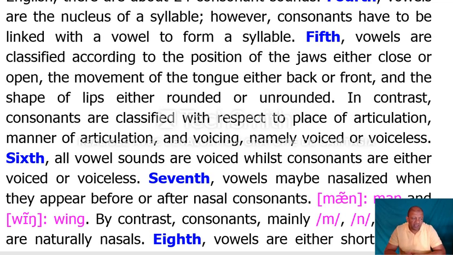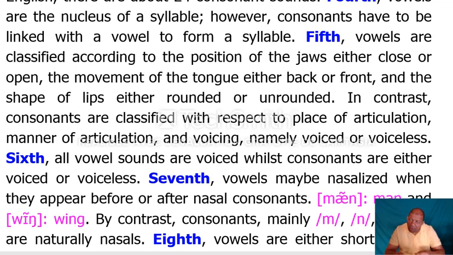7th, here we speak about another very important characteristic, which is that vowels can be nasalized. When we speak about nasals, we have three sounds, you know them. But here we speak about nasalized, which means under the influence of a nasal sound. How?